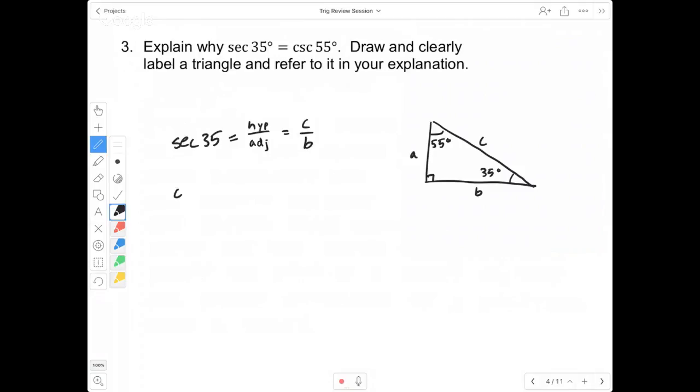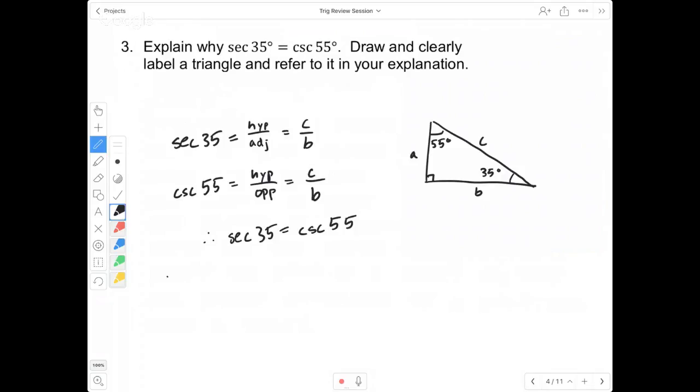And then the cosecant of 55 equals the hypotenuse over the opposite. And the opposite of 55, well, let's see, hypotenuse is still C. The opposite of the 55, oh, that's B. Bam. So, therefore, secant of 35 equals cosecant of 55.